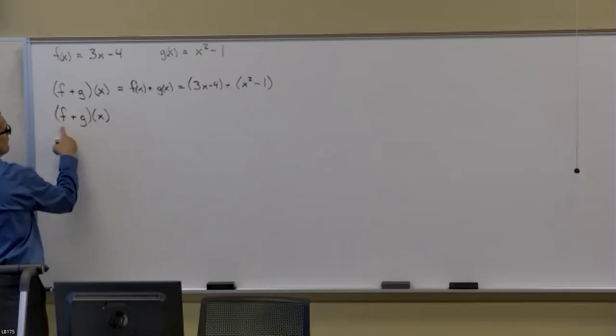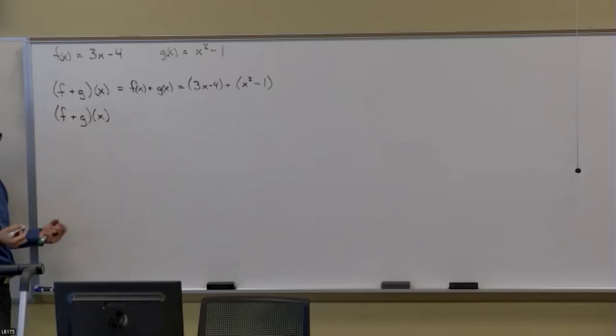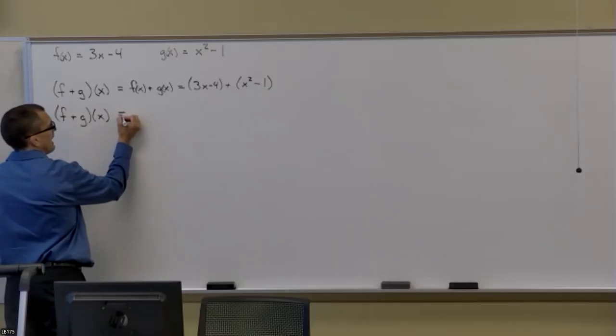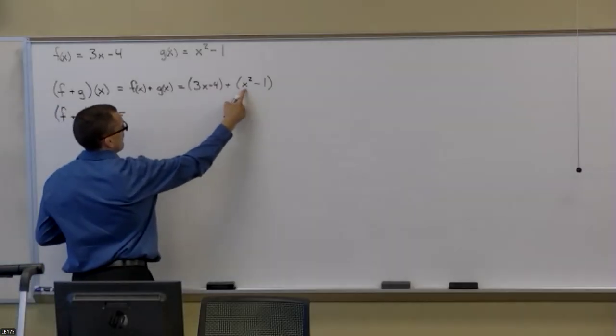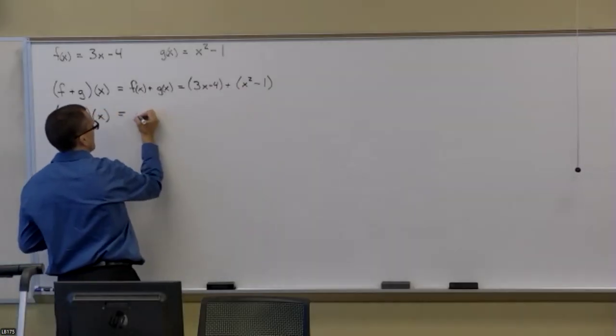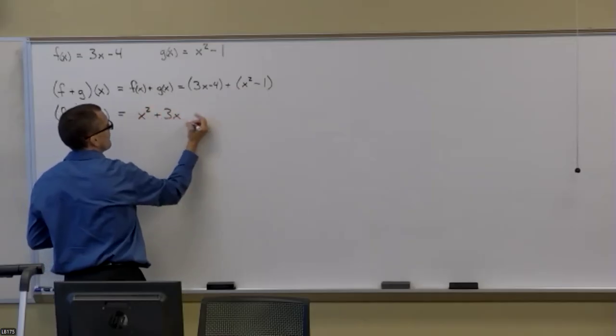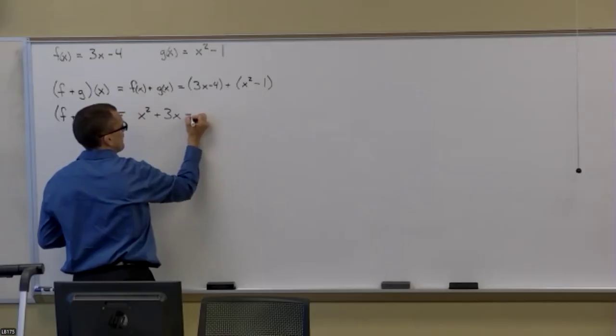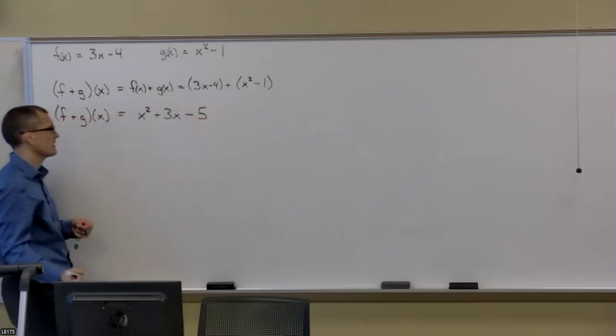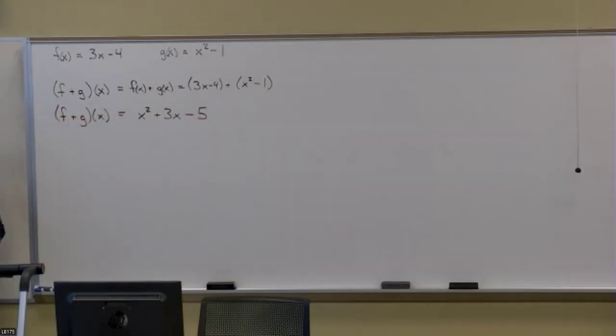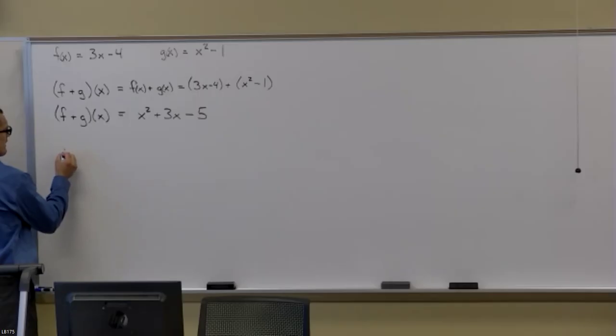So this is a new function called f plus g. And it has the output of, well, I'll combine like terms and write them in order: x squared plus 3x, and minus 4 minus 1 gives me minus 5. There you go. So very intuitive to add two functions together.